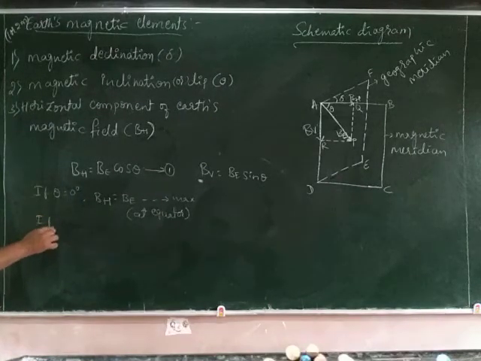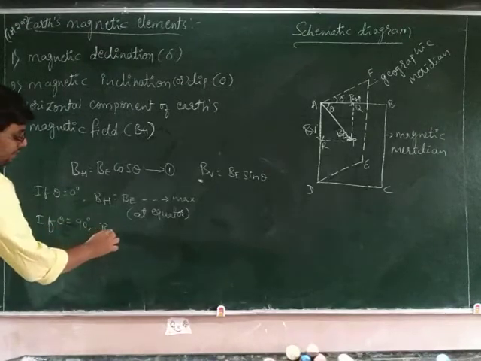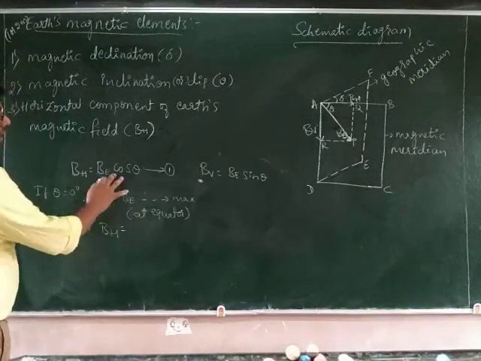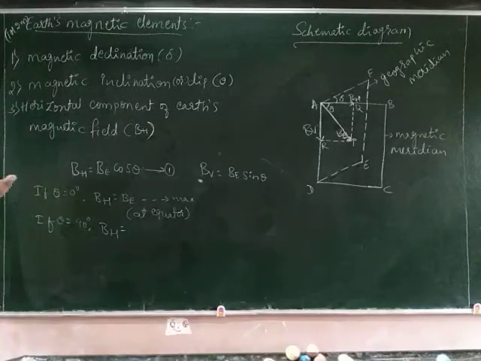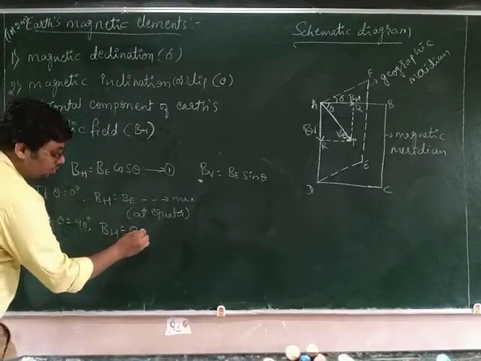If theta is equal to 90 degrees, then BH is equal to BE into cos 90, that is 0. BE into 0 is 0.